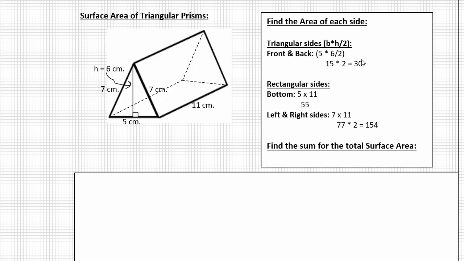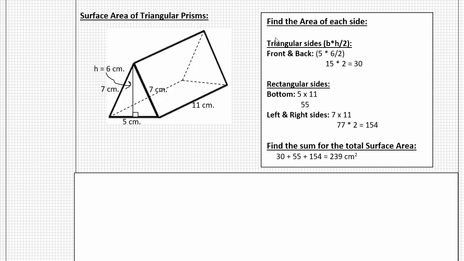We need to add these values, 30, 55, and 154, to see what the combined total surface area is for this prism. Go ahead and complete that calculation if you haven't done so already. The surface area that I came up with in adding those three values together is 239 centimeters squared.